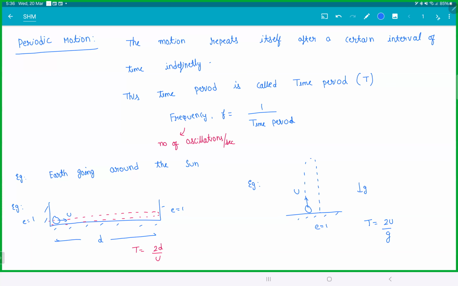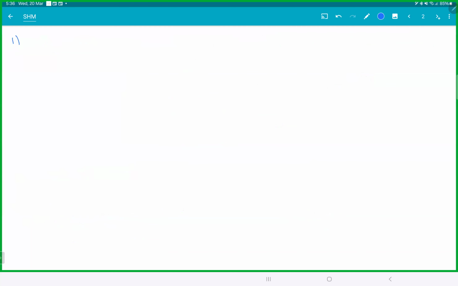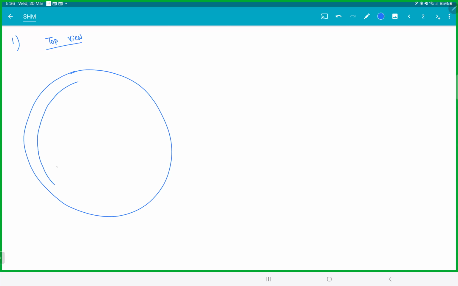Straightforward definition. Let's see a question. Top view. We have a circular track. Radius is r.